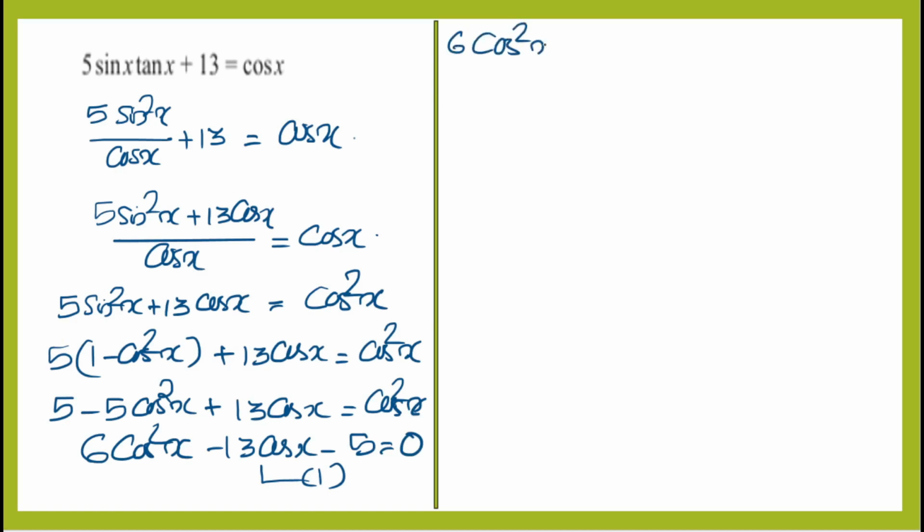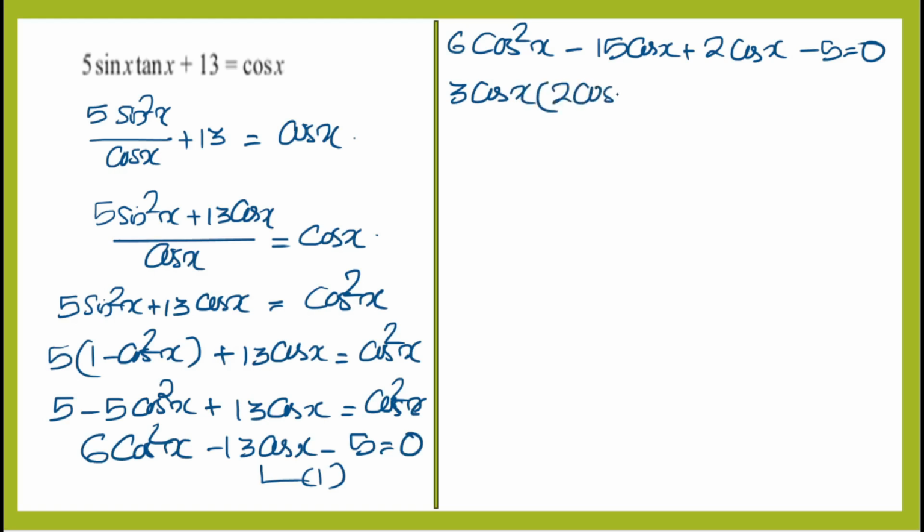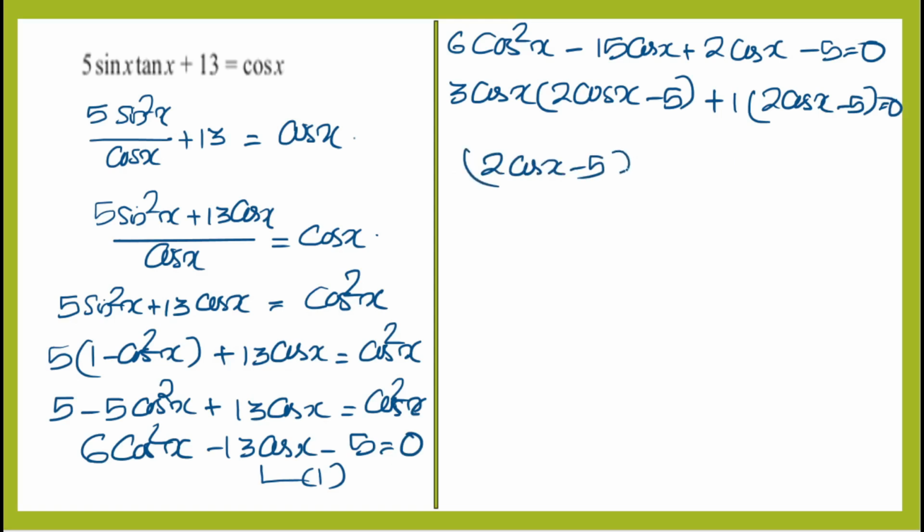Now 6 cos square x minus 15 cos x plus 2 cos x minus 5 equals 0. 3 cos x times 2 cos x minus 5 plus 1 times 2 cos x minus 5 equals 0, equals 2 cos x minus 5 times 3 cos x plus 1 equals 0.